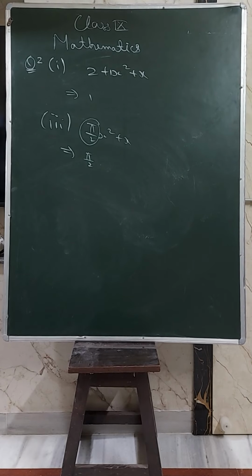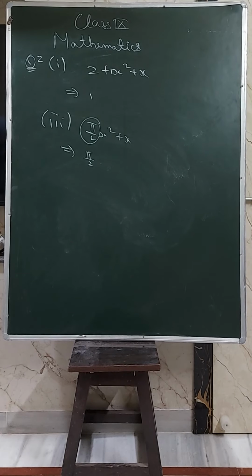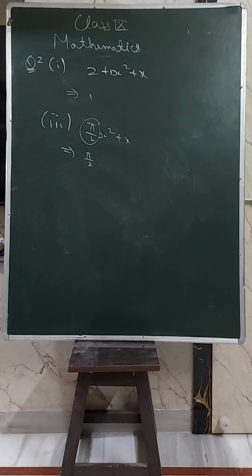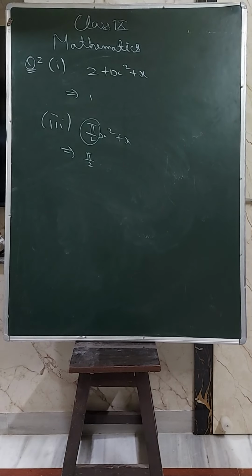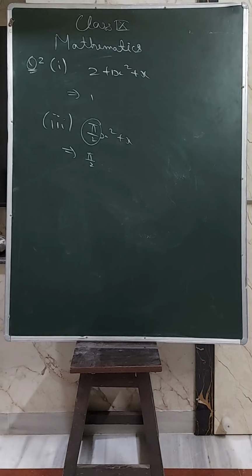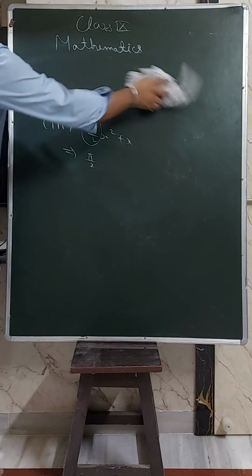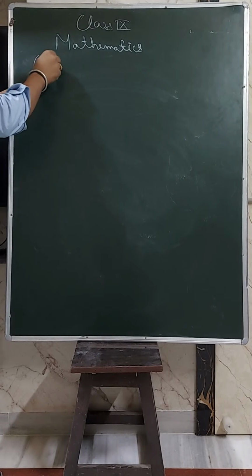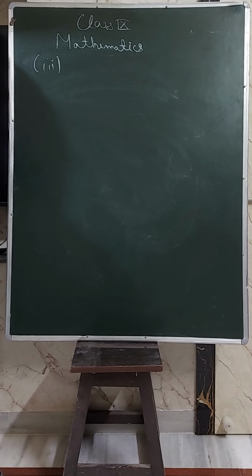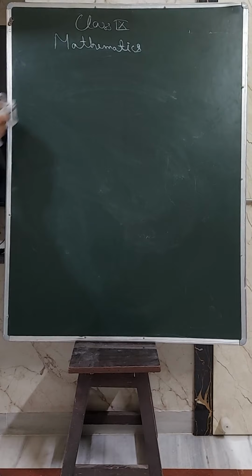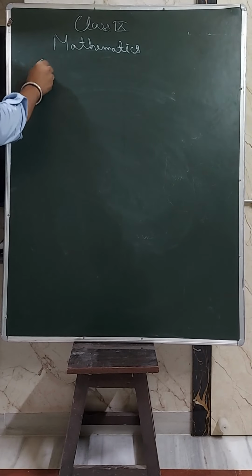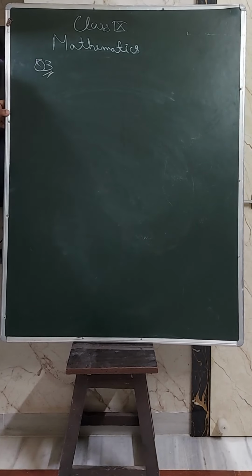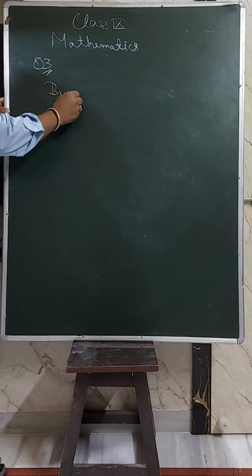Now third one, give an example each of a binomial of degree 35 and a monomial of degree 100. So we have to tell the example. Binomial means two terms are there, and monomial means one term is there.